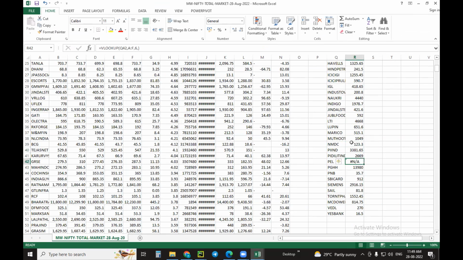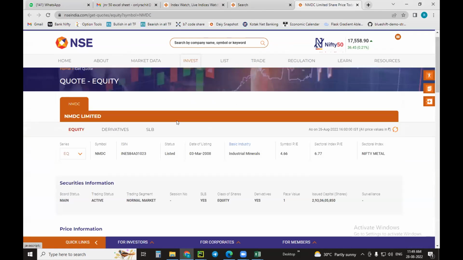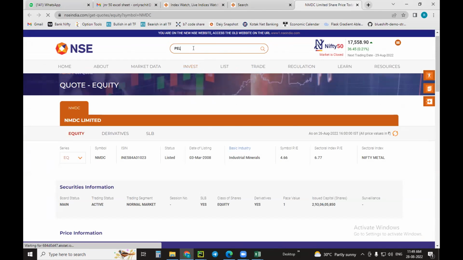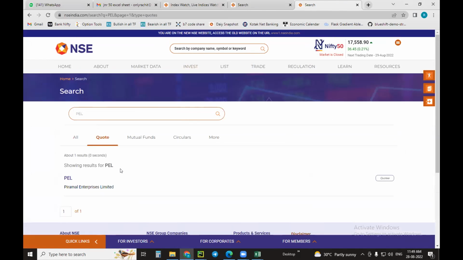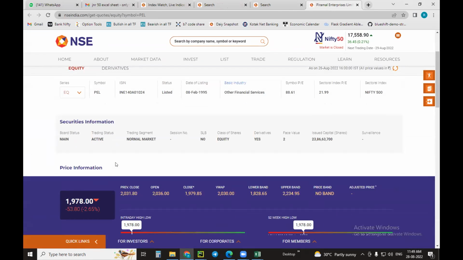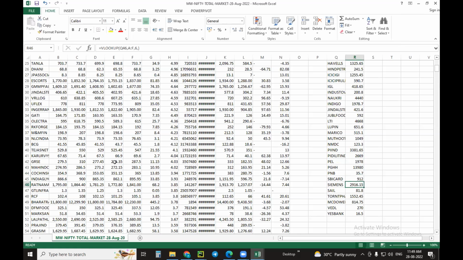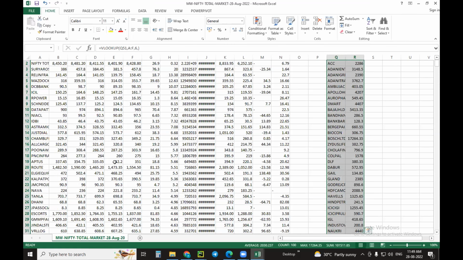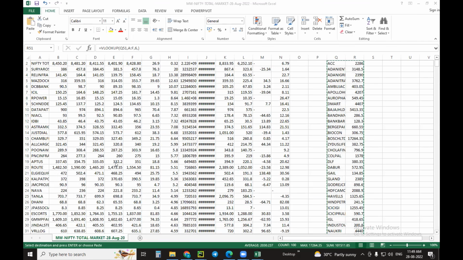Okay. What is the sell price? Can somebody tell? 1978. Okay. Now get this data in. No, only the data, R column, into Notepad and paste it there.